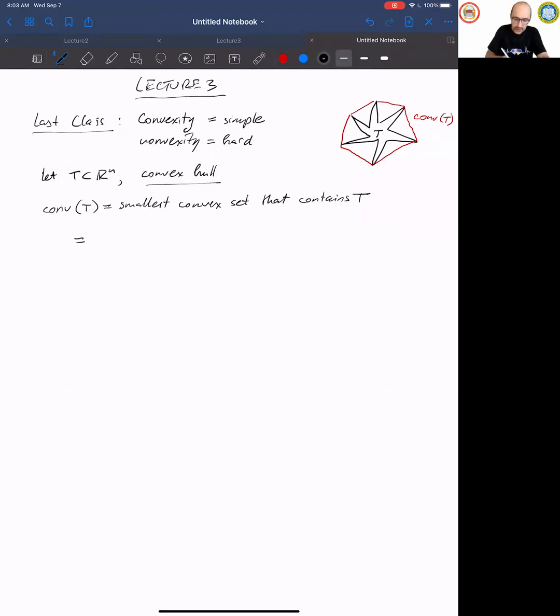Analytically, it can be described as the set of all convex combinations of elements of T. A convex combination is a linear combination, the sum of lambda_i z_i with some number of terms, where the z_i are in T. But not all linear combinations.